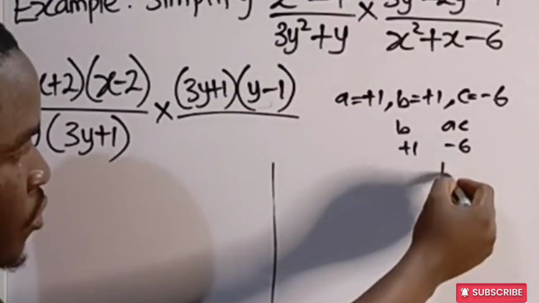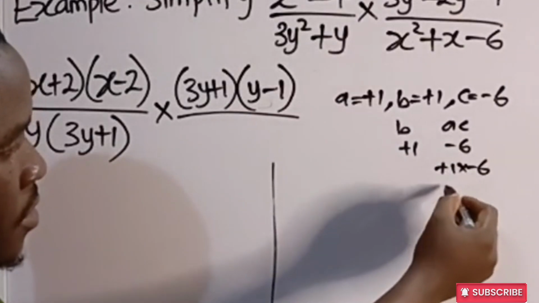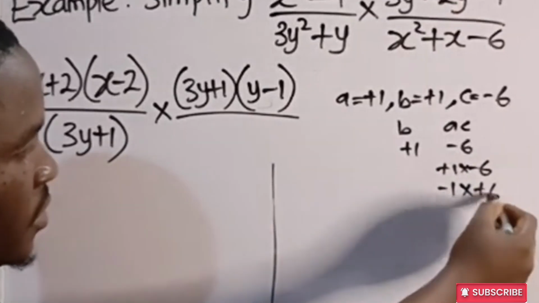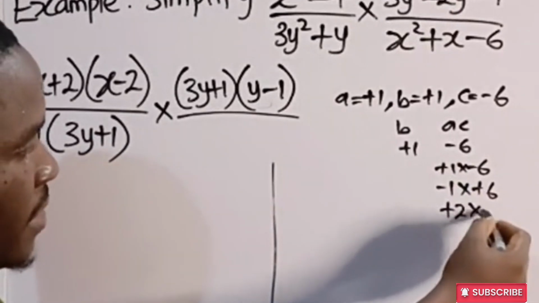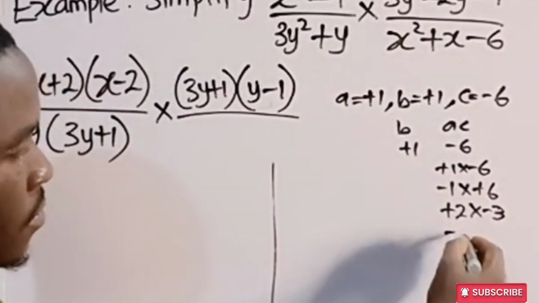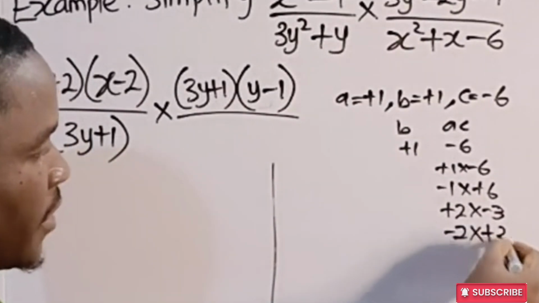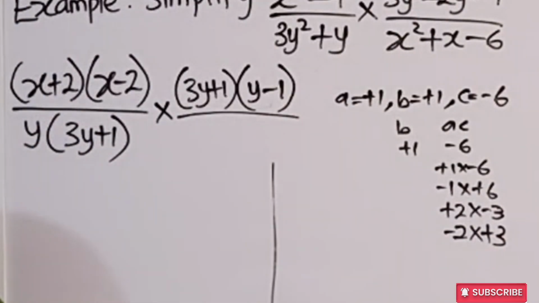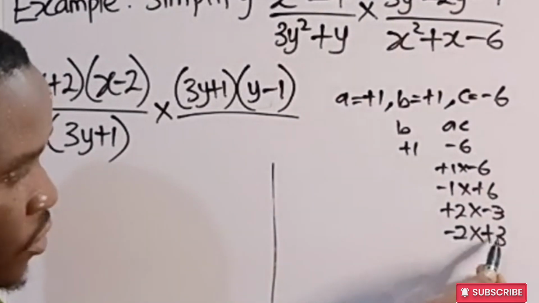Let's look at the numbers that will multiply to give us minus 6. We have plus 1 times minus 6, minus 1 times plus 6, plus 2 times minus 3, minus 2 times plus 3. All these numbers will multiply to give you minus 6. But among those numbers, the only pair that will add up to give you plus 1 is minus 2 and plus 3.